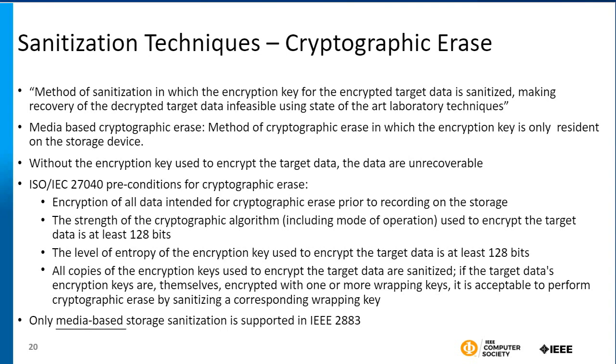So the theory is if you used an appropriate encryption algorithm, something that is not going to be easily broken, it should not be possible to decrypt this. So what happens is you've got random bits on the media, the ciphertext, and no way to recover it. That's the basics behind it. Of course, that assumes that the encryption key is gone and all copies of it are gone, so that there isn't a recovery mechanism available.